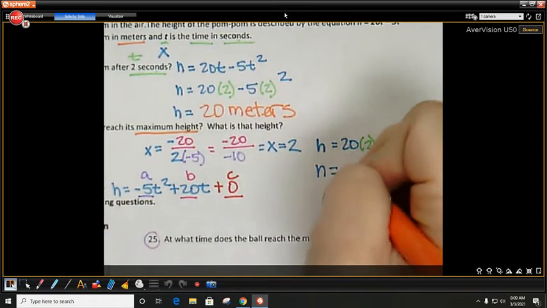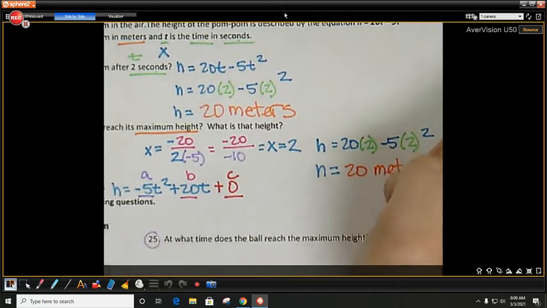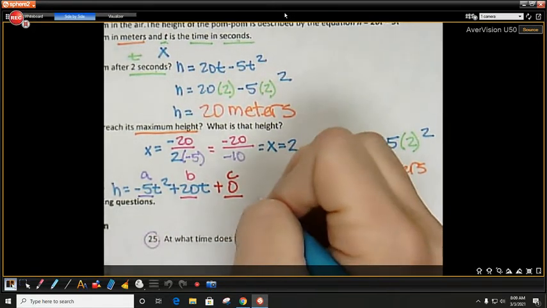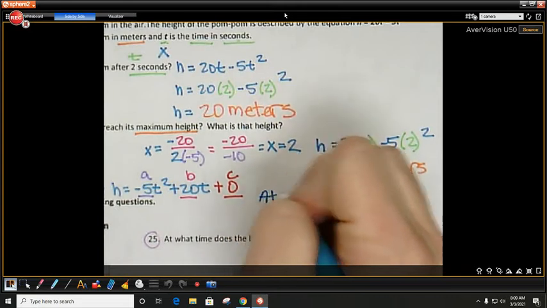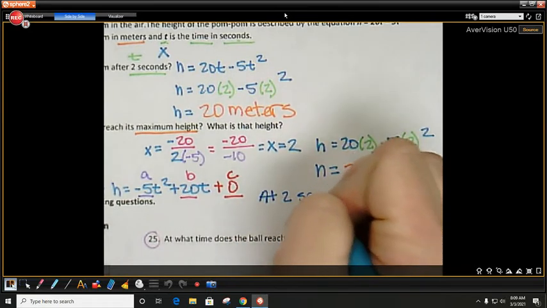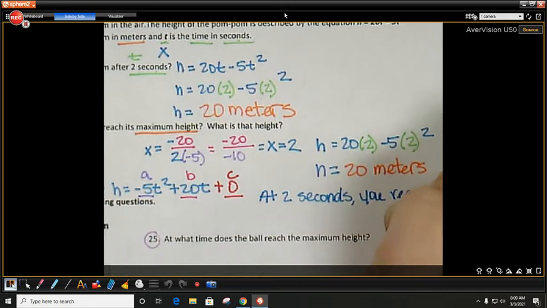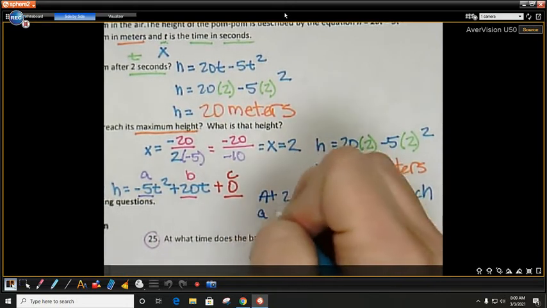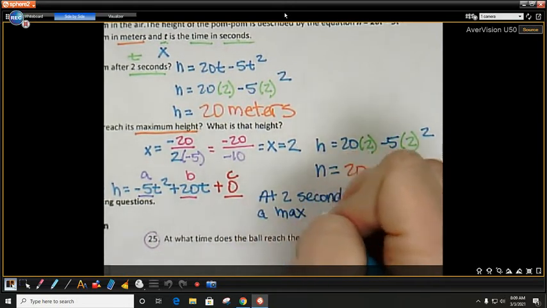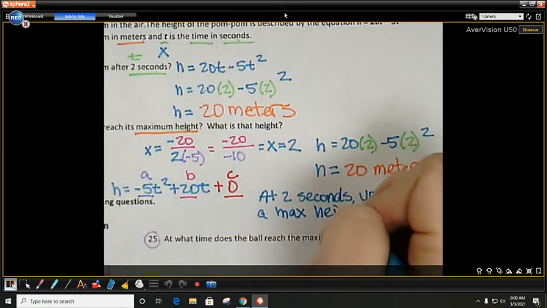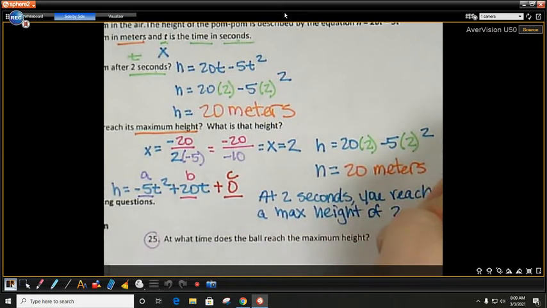So my height is 20 meters. So we're going to answer the question by saying, at 2 seconds, you reach a max height of 20 meters.